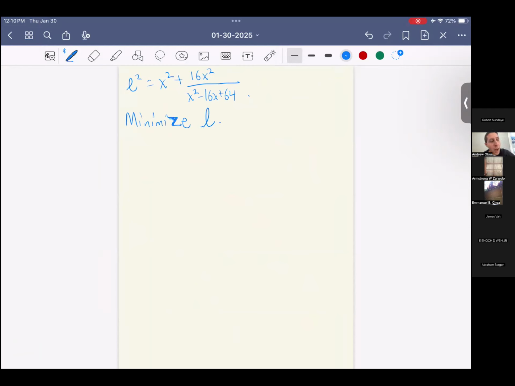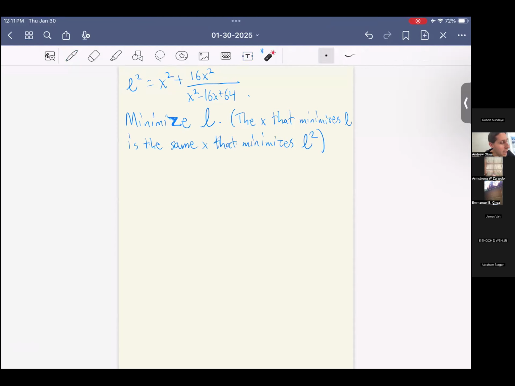And we saw a similar problem like this a while ago. The x that minimizes L is the same x that minimizes L squared.